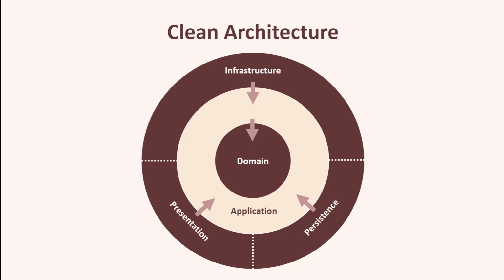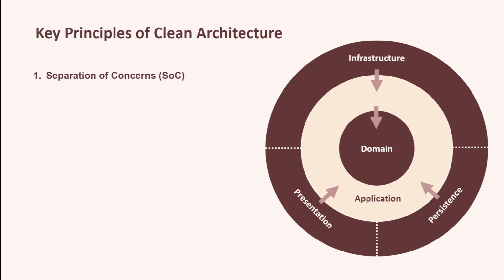Clean architecture combines several smart design principles. Understanding these rules is key to applying the structure correctly. Rule 1 is separation of concerns. This means organizing your code into independent layers where each layer is responsible for only a specific part of the application.